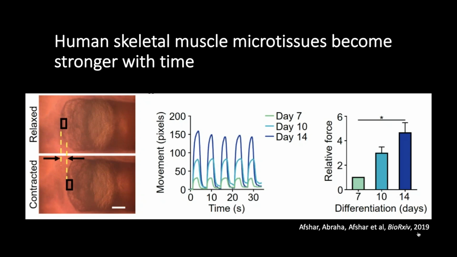So you can see post deflection of each of our tissues at different time points of differentiation. So after 7 days versus after 10 days of differentiation versus 2 weeks of differentiation, we can see that the relative force of these tissues increases with time, exactly as we would expect.